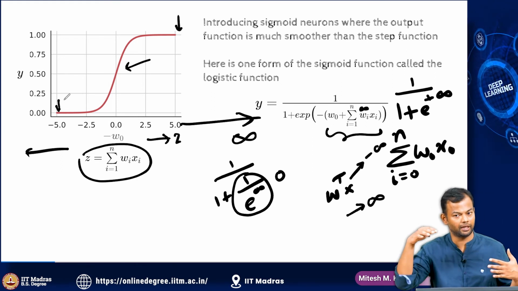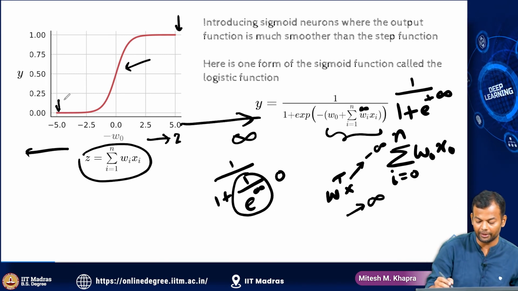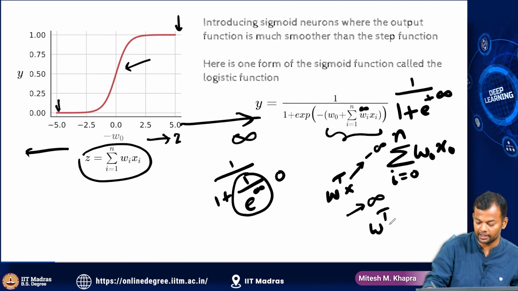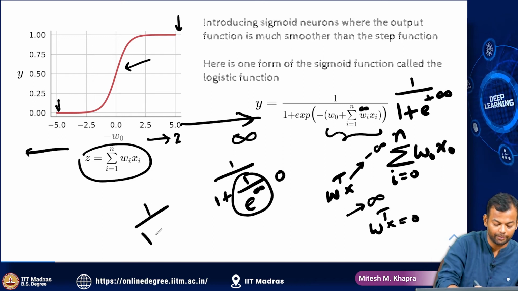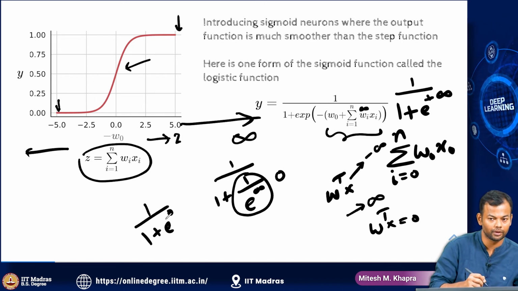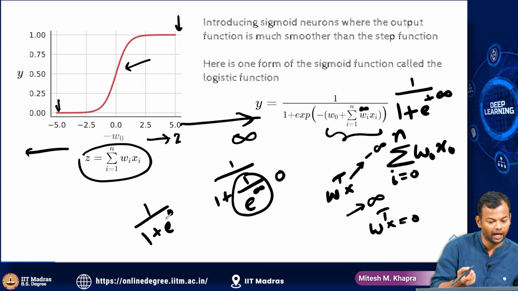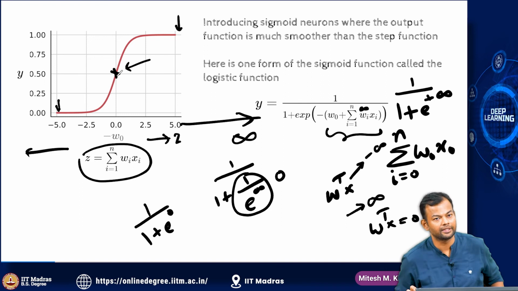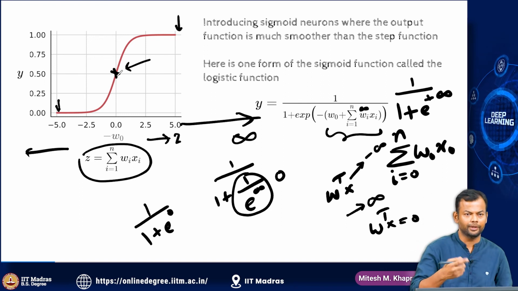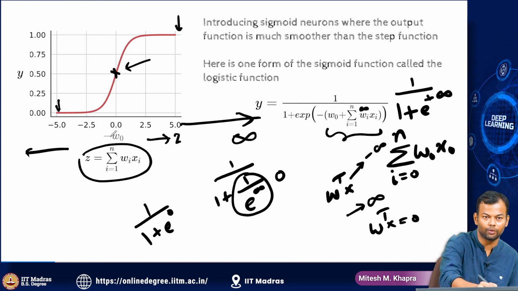So that's why this behavior is there. And now again, let's do one more thing. If w transpose x is equal to 0, if I substitute that value, then I get 1 over 1 plus e raised to 0, right? And that would be half, right? So that's what you are seeing here. Okay, yeah. So that's what is happening here. So for this discussion, let's just assume that w0 was 0, right?